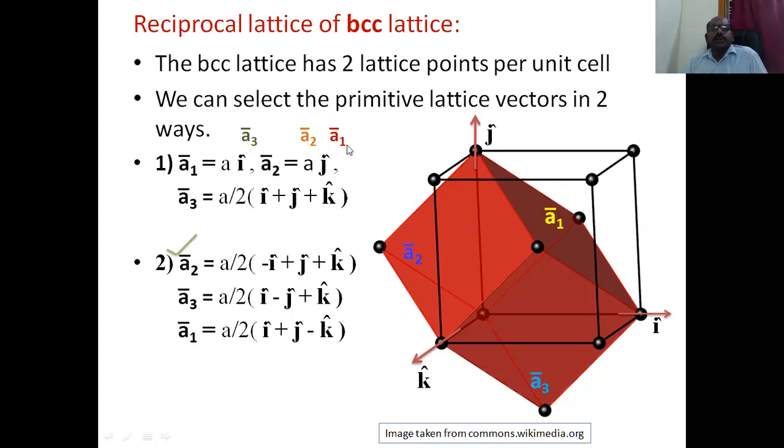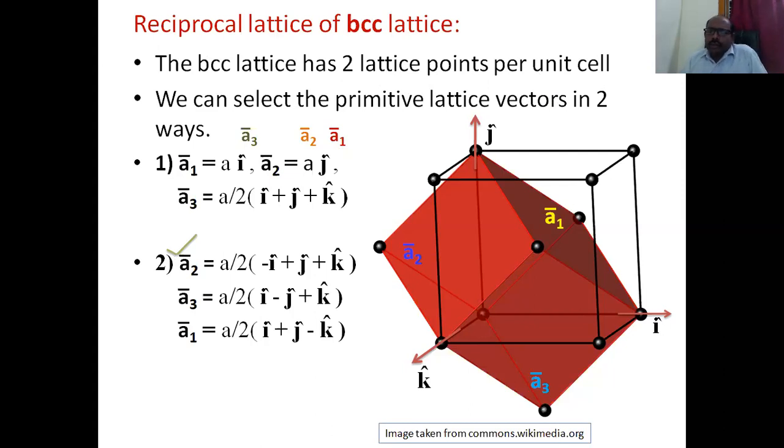At first, we have to see that it is our body centered lattice, so we should select the primitive basis vectors. For that, we have to identify the primitive unit cell.